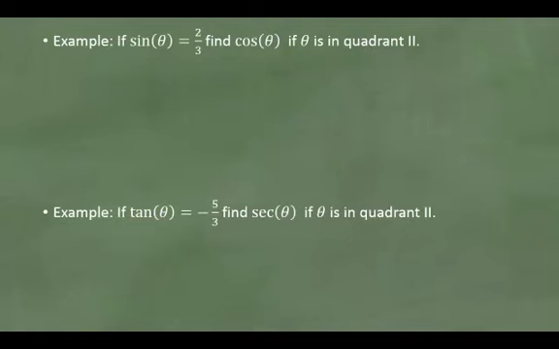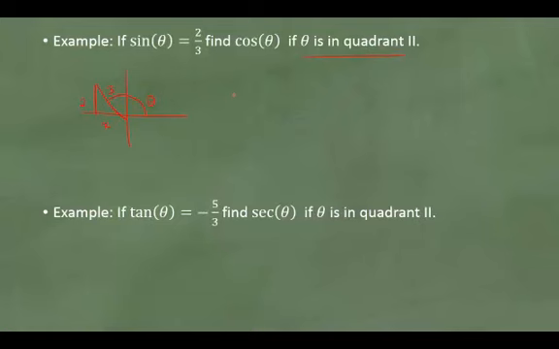Alright, and we're going to look at some examples here that we've done before, actually. We have theta in quadrant 2, and we need to find cosine theta if we know that sine theta is 2 over 3. So what is cosine theta? Really, the whole point is, what is x down here?